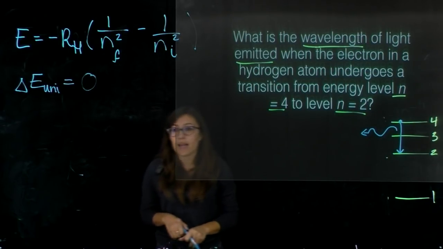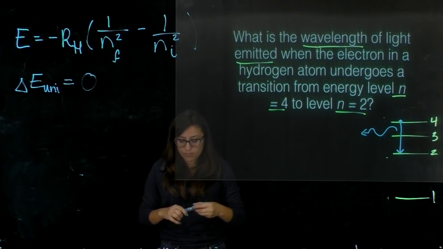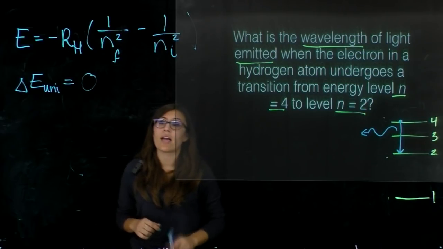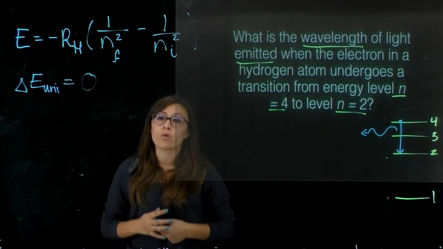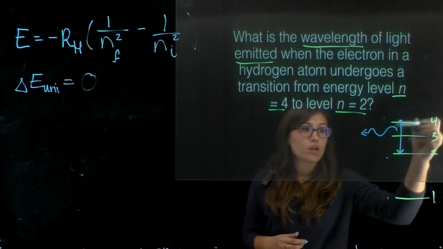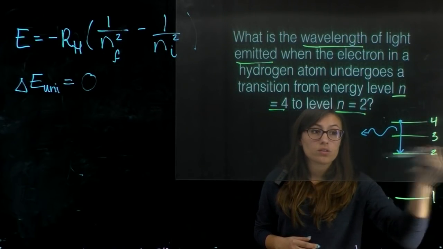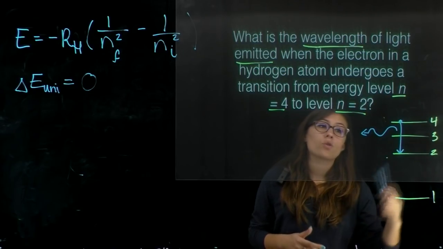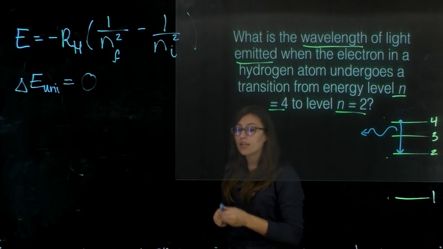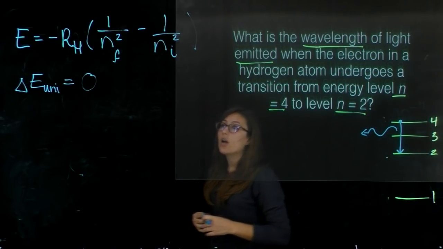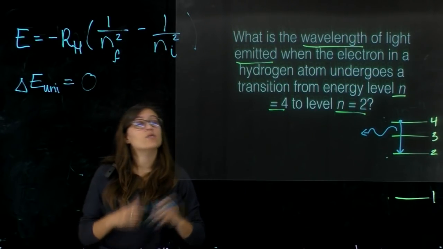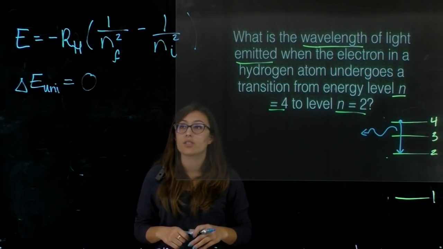Okay, and this cycles back to the law of conservation of energy, that energy is neither created nor destroyed. So any energy that we lose from this transition is going to be equal to the energy that is being emitted, so the wavelength that we're primarily looking for is going to be emitted in that fashion.